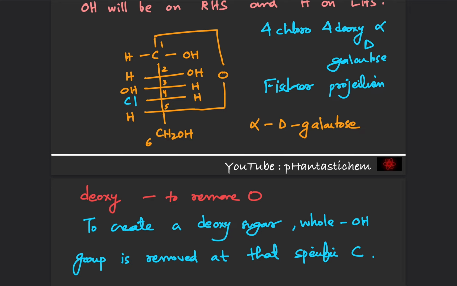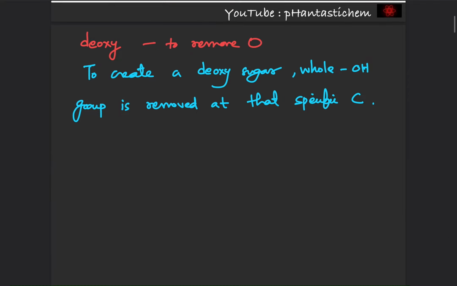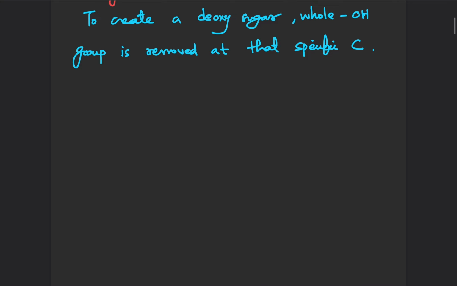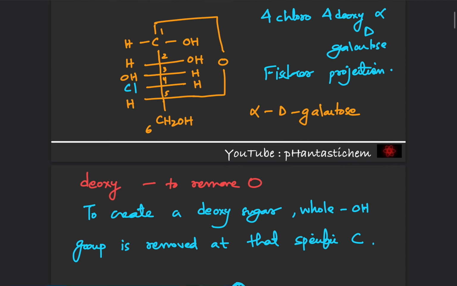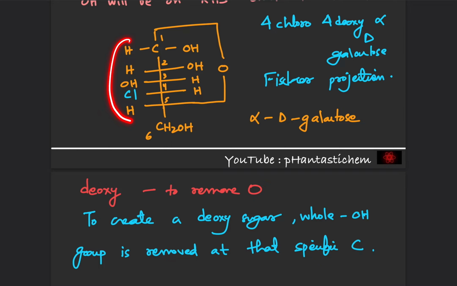So we can convert this into a Haworth projection, and that is done by drawing a hexagon with its oxygen atom at the upper right hand corner. And groups, you can see these groups are towards the left.